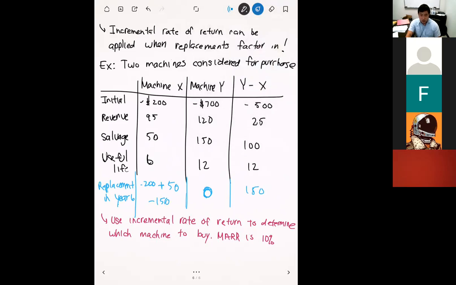Okay. All right. And so just like what we did for the last problem, we're going to look at the increment column. For this problem, I'm not even going to consider the rate of returns for them individually. I'm just going to focus on the increment because that's what we can actually use to determine which machine we want to use. So let's go ahead and do that.